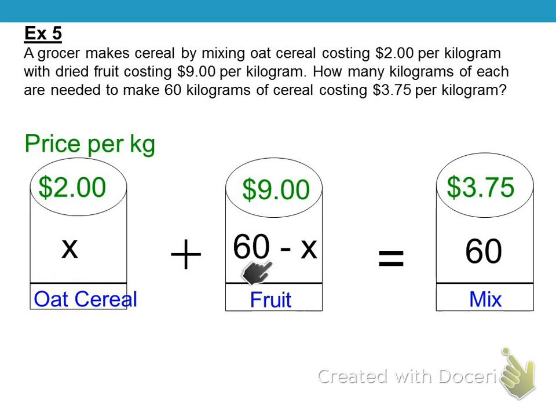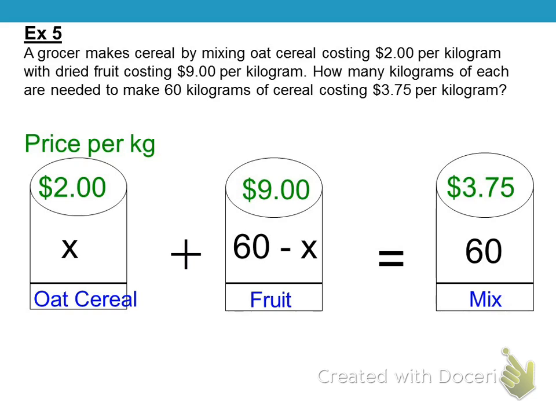So when you don't know either one of them, pick one of them, call it your X. The other one is the total, take away the X. You could have called this one X and this one 60 minus X. It wouldn't matter. If you know the total amount, you're always going to take away the X part.